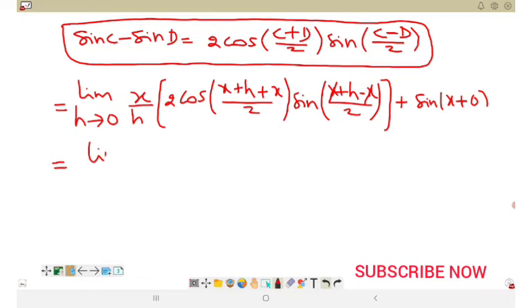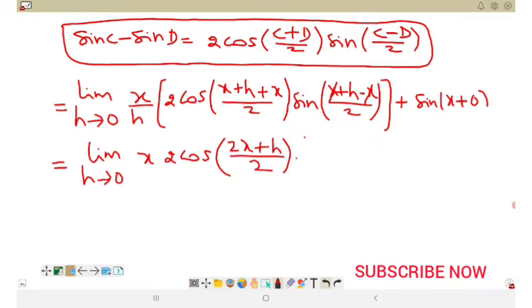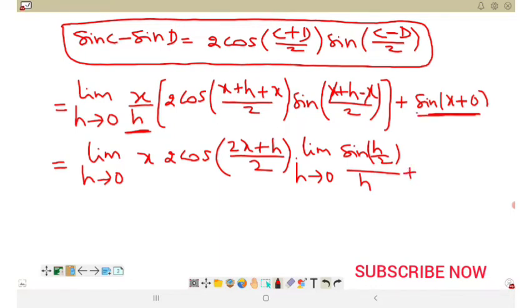So limit h tends to 0, x into 2 cos of (x plus x plus h) by 2, into limit h tends to 0 sin of h by 2 by h, plus sin of x plus 0, sin x.